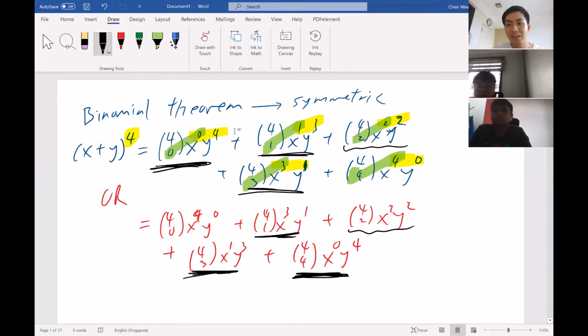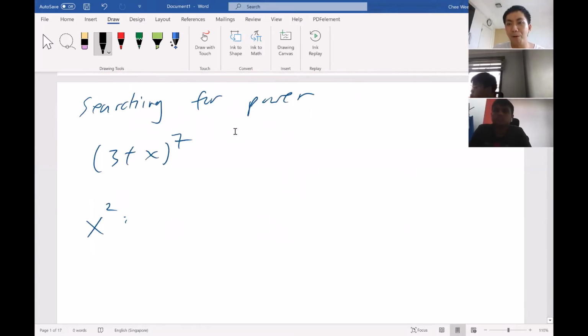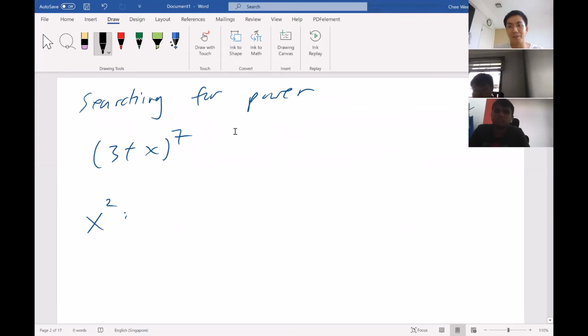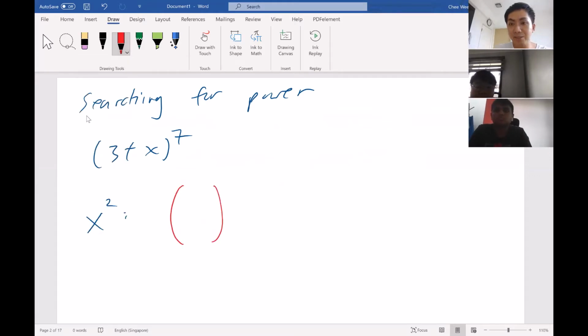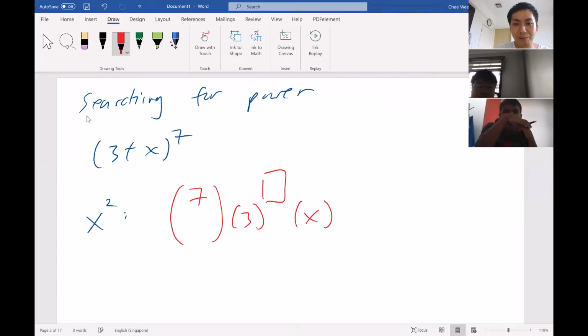Then last week we ended off with how to brainstorm for powers quickly without going through expansion. If you understand the formula, you can actually craft out certain terms quickly without going through any plain point blank expansion. So in this case, for example, if the question is asking for the term containing x squared, the term should be 7 choose something, 3 to the power of something, and x to the power of something.